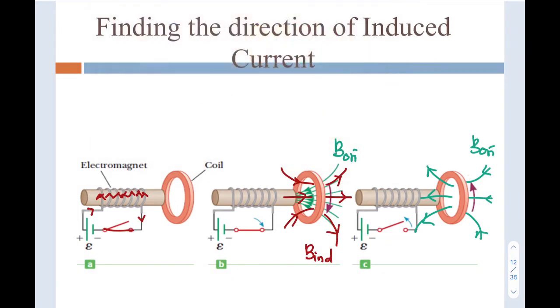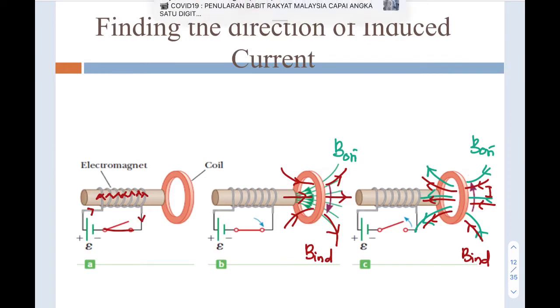The B induced will be in the same direction. This is B induced in the same direction, so that it produces I induced in this direction, because the original current is decreasing in amount.